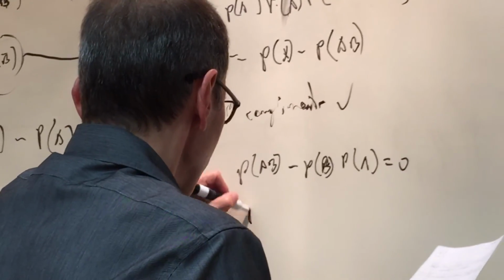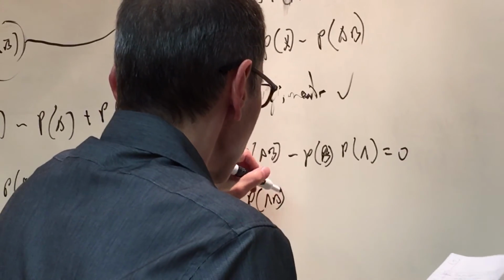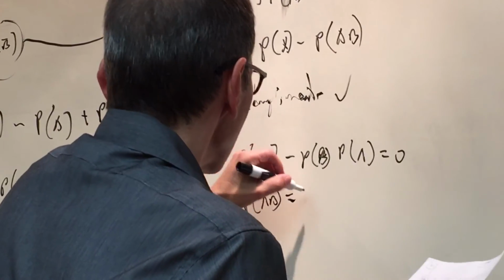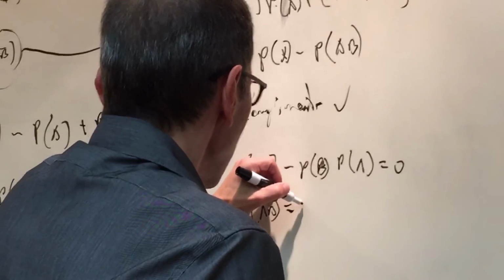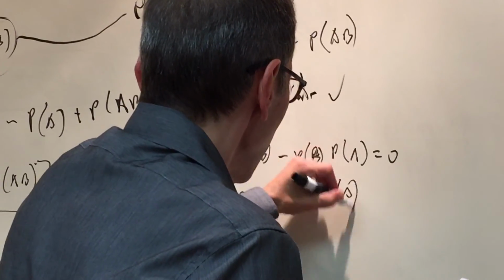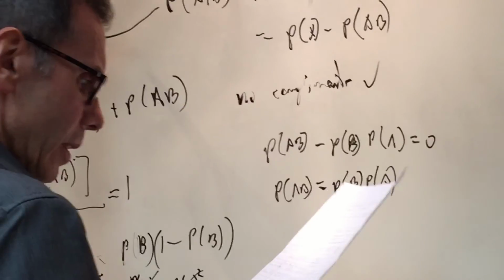Oh, we put them on both sides of the equality sign. So we have probability of AB is equal to probability of B times probability of A, and that's it. That's our proof right there.